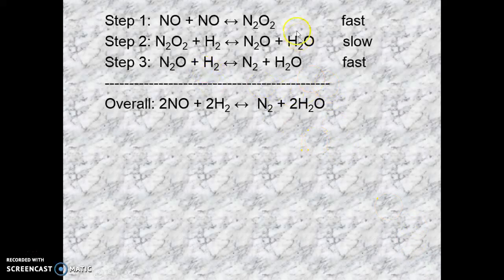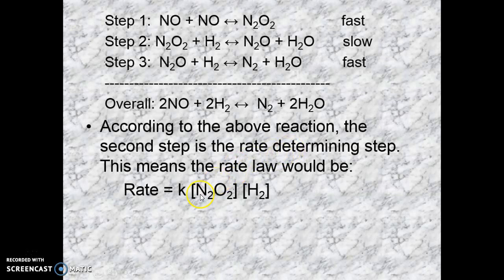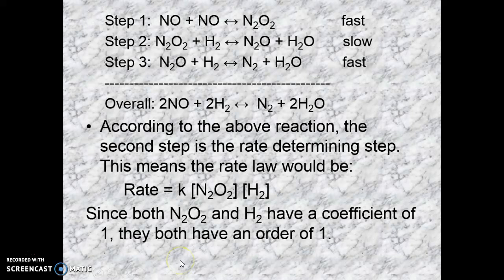Okay? So we've got this being the rate of the slow step, but N2O2 can't be part of the overall reaction because it's an intermediate. So we have to go back and do that same thing we did before.